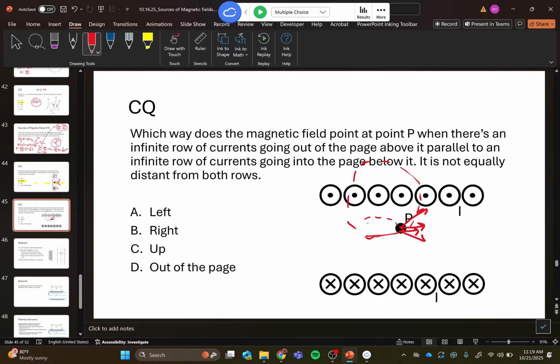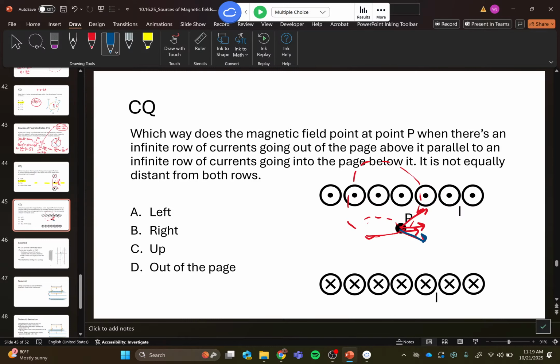So I need to clarify this. You do not necessarily need to know this too much. This one's stronger, this one's weaker. Anyway, due to symmetry, I'm just going to hand wave this a little bit. The logic I used was correct. For every wire up here, the magnetic field is going to point up to the right. For every wire on the bottom, it's going to point down to the right. What's going to end up happening with all our ups and downs?